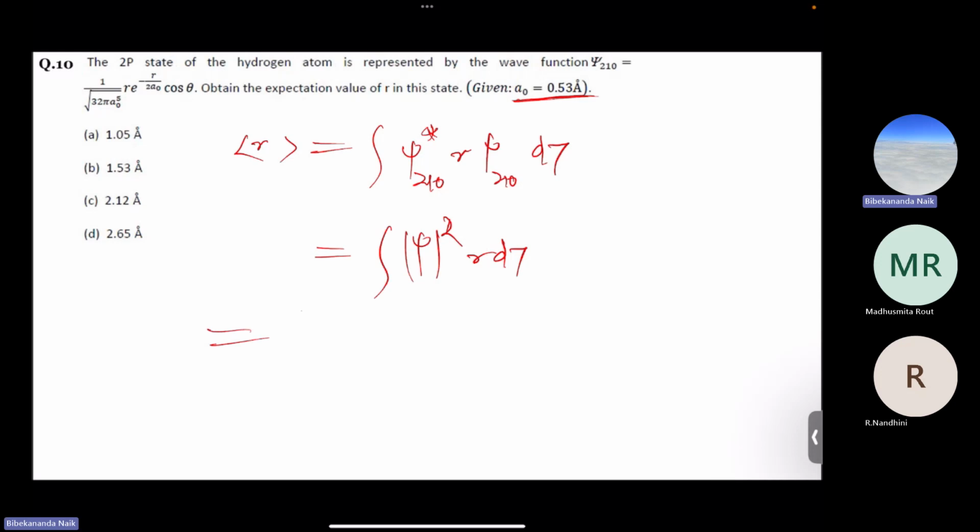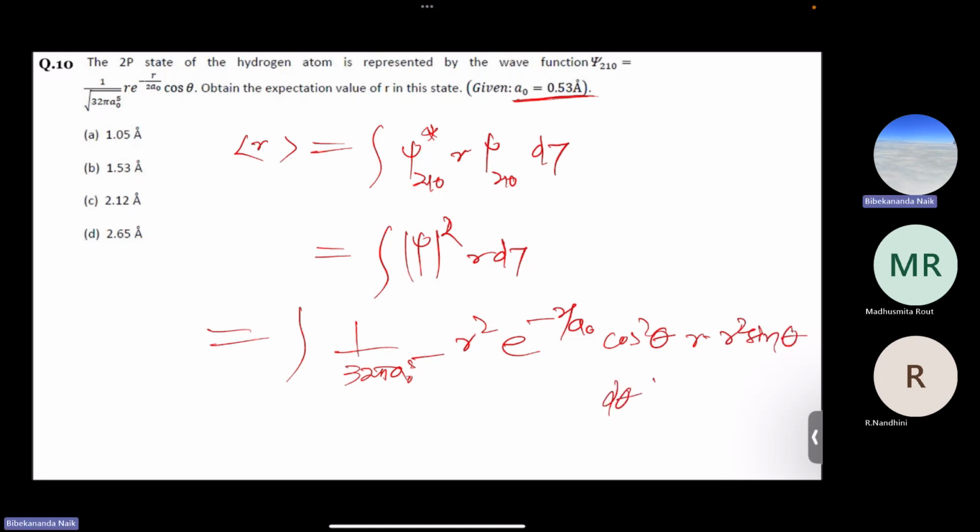So integrating, it will be 1/32 pi a0 to the power 5, r square e to the power minus r/a0 cos square theta, r into r square sin theta d theta d phi dr.